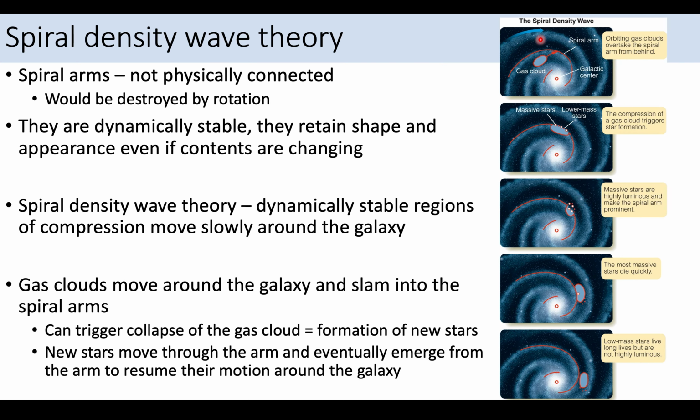Here is a little time series of images from the textbook. So here we have our gas cloud. It's going to bump into the spiral arm. It's going to condense. It's going to trigger formation of new stars. So now we have the formation of new stars right on our spiral arm. And then eventually this cloud and these stars are going to move out of that spiral arm as they age.